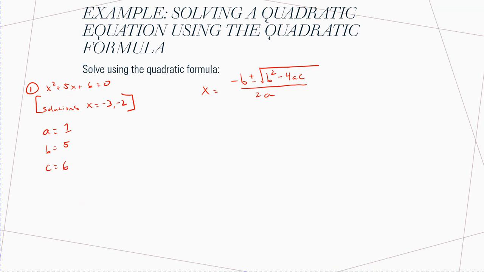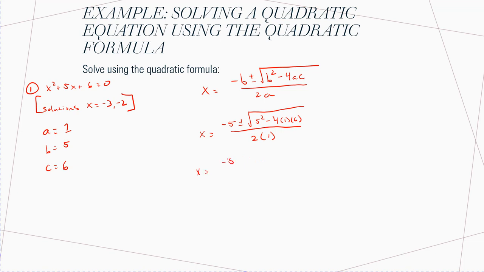So you're going to take all these values and plug them in. So x is equal to minus 5 plus or minus the square root of 5 squared minus 4 times 1 times 6, all over 2 times 1.